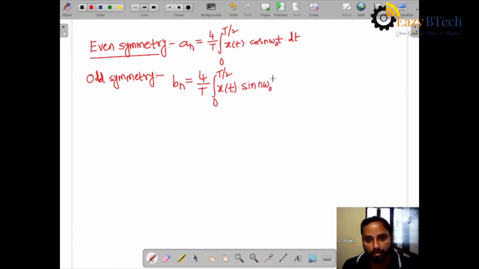So please remember an and bn in case of even symmetry and odd symmetry.